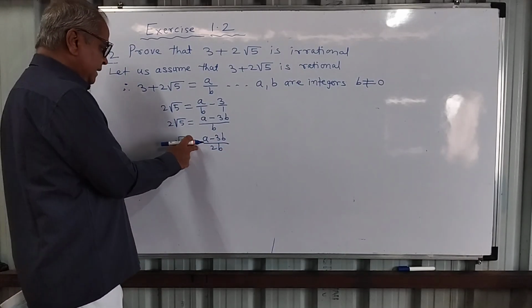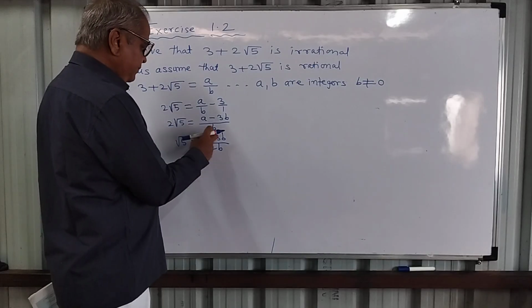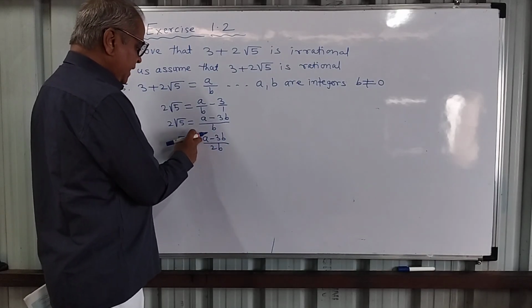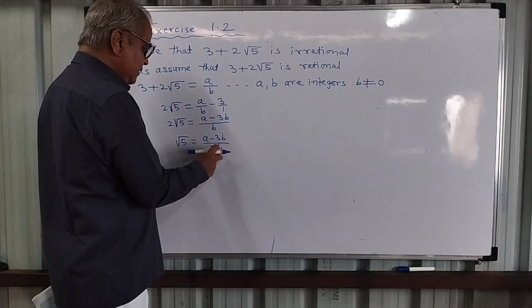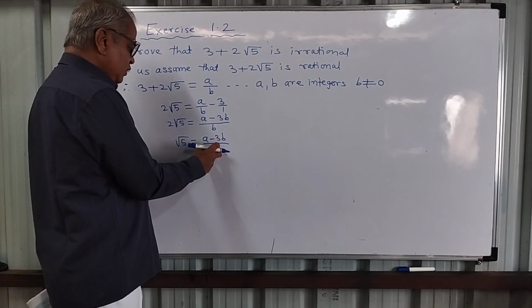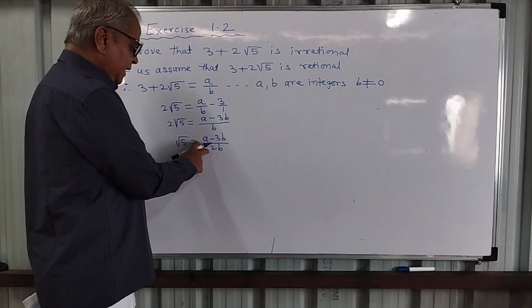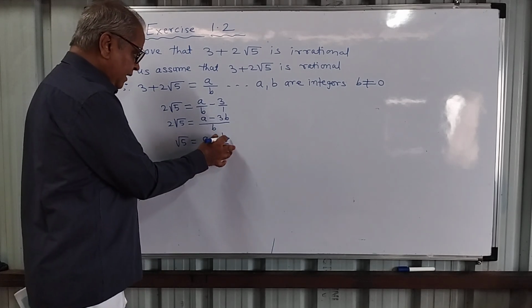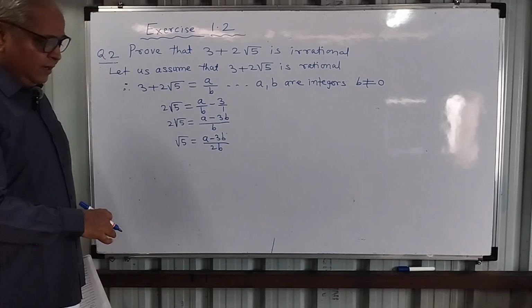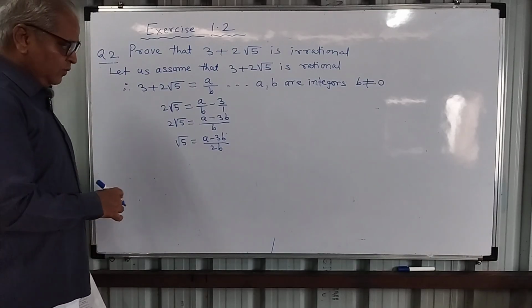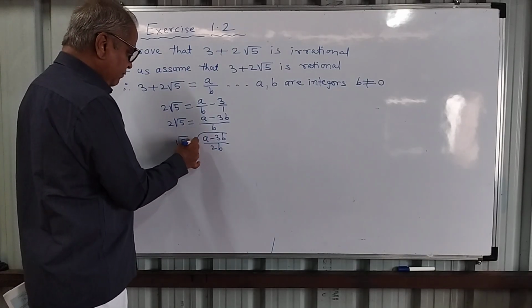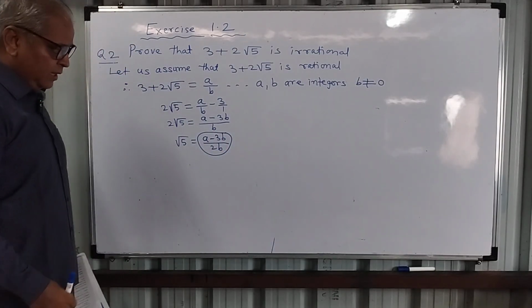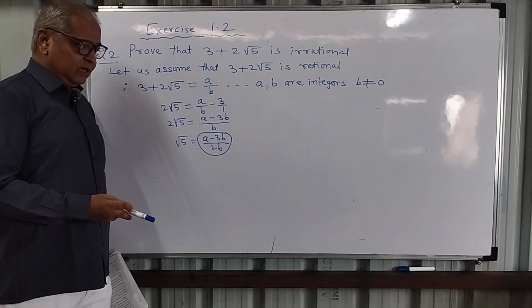Now look at this RHS. A is an integer, b is an integer. That's why a minus 3b is an integer and 2b is also an integer. Integer into 2 is integer and b not equal to 0. That means here integer upon integer and denominator is not 0. That's why this number has to be a rational number, because what is a rational number?